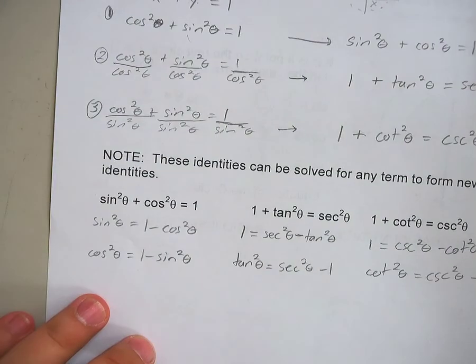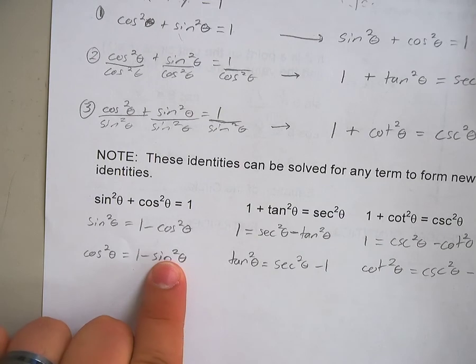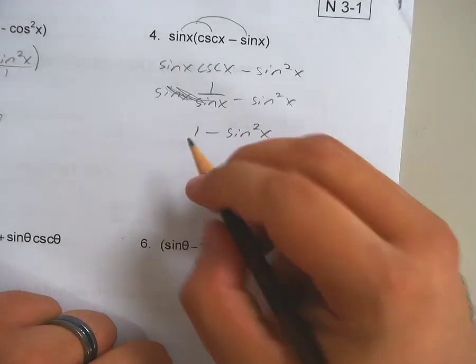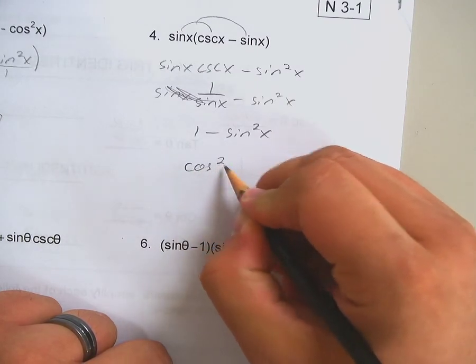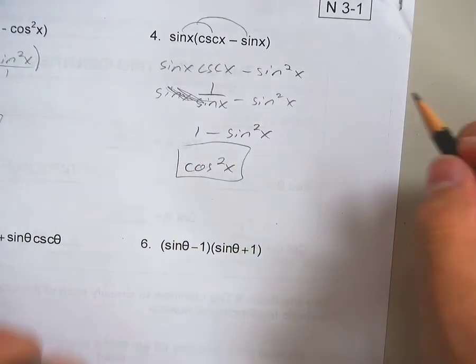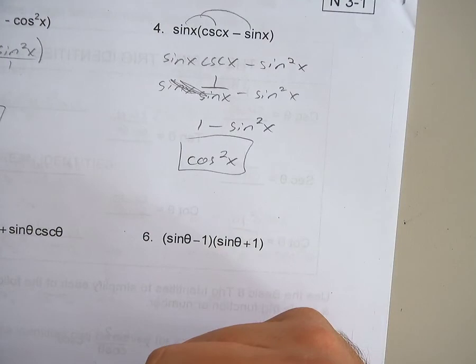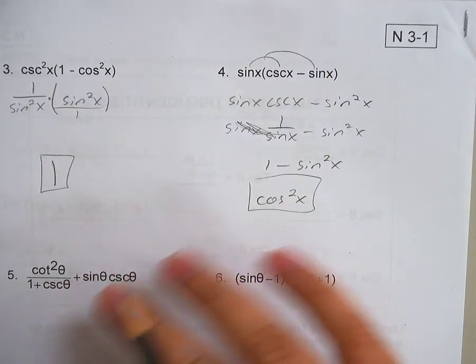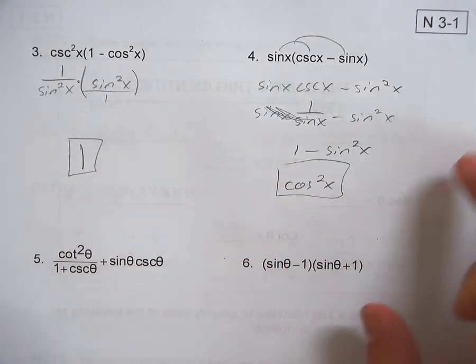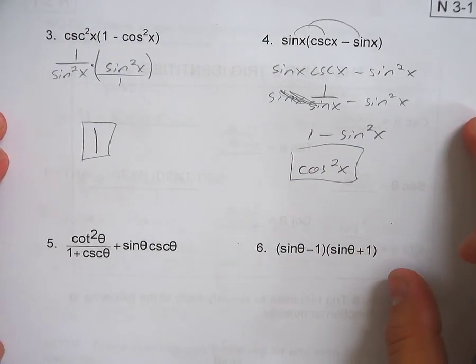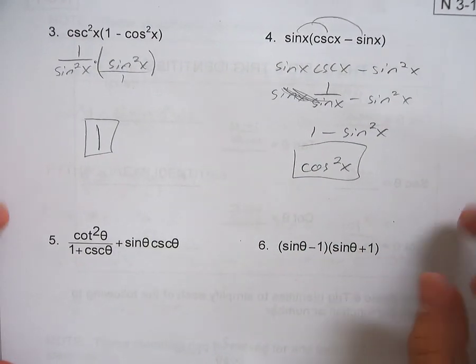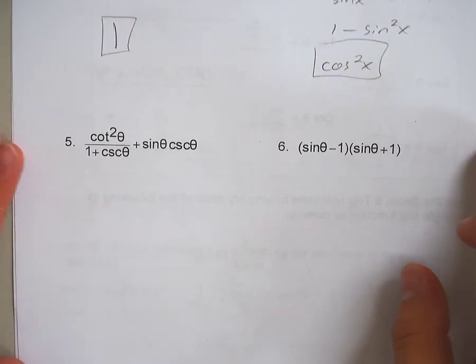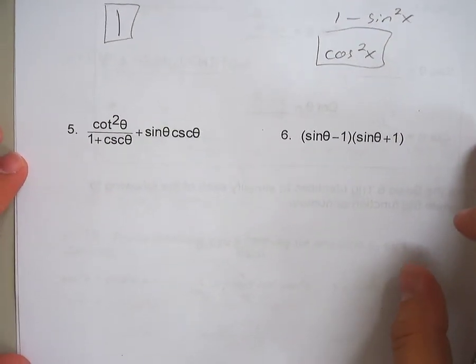Get on back here. 1 minus sine squared is cosine squared. That whole thing simplifies down to cosine squared x. I'll be. That's crazy, isn't it? If you ever get stuck, go back and start over. There's nothing wrong with that.